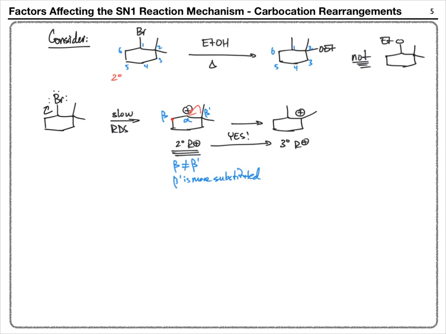What if we notice this beta carbon, those two hydrogens? What if one of those hydrides migrated over? What would you end up with? If a hydride migrated over from beta here, what would the classification of that carbocation be?